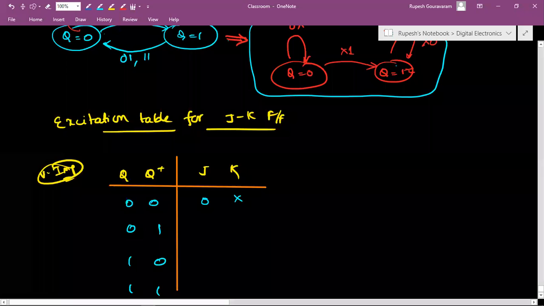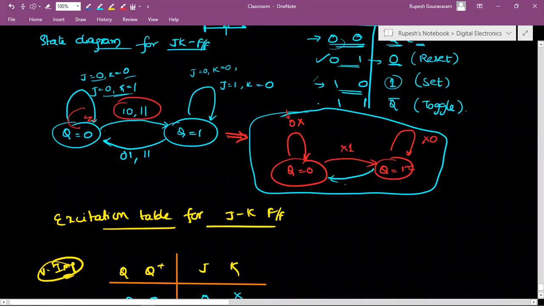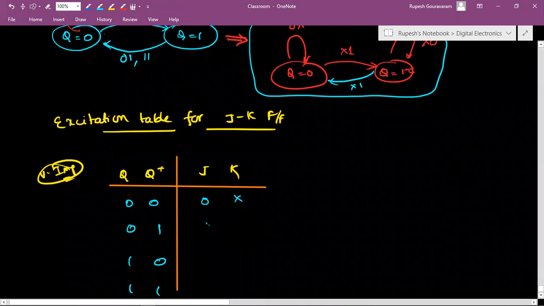So from that table you can say J and K are 0 and X, don't care. If the present state is 0 and next state is 1, then what is the case? You can see from here, this is x1. So if present state is 0, next state is 1, then the possible scenario is x1.